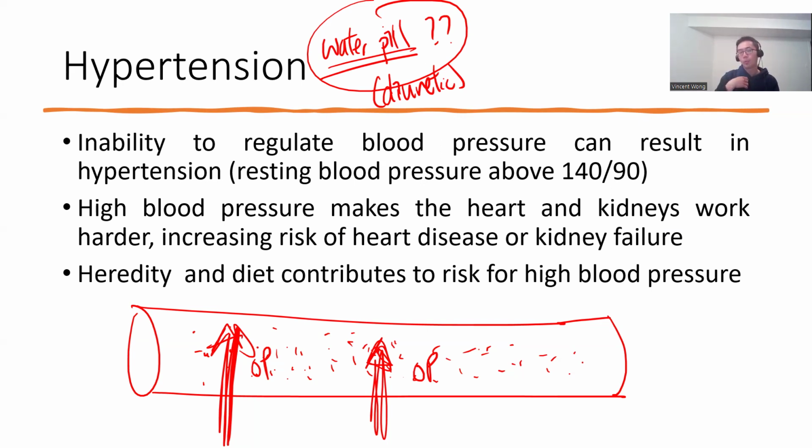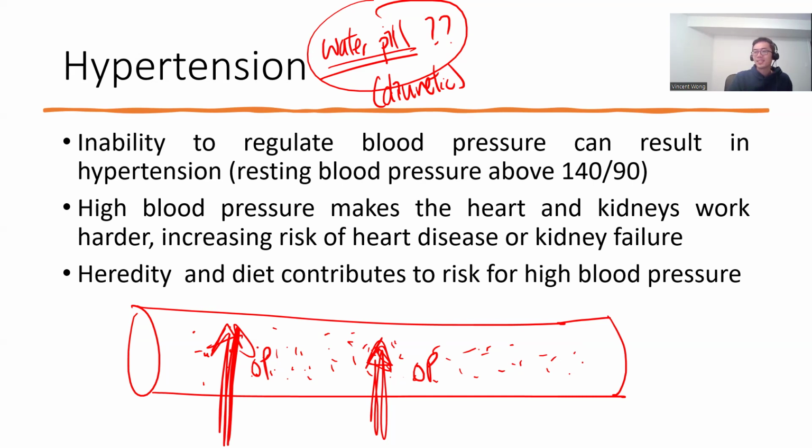When you take it, it makes you pee more. How does peeing more help with high blood pressure? What's the main thing that's in the urine?